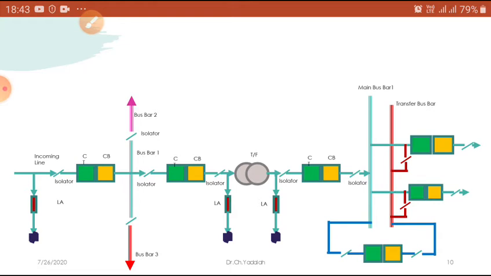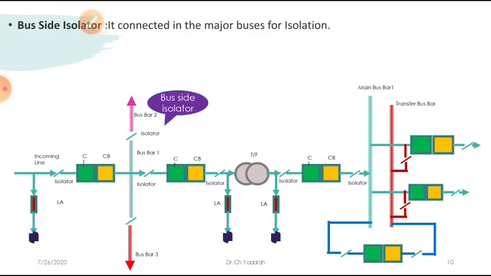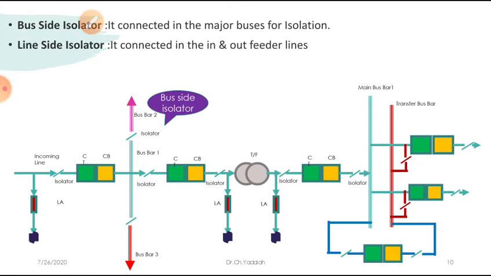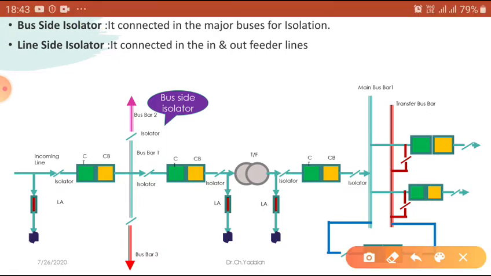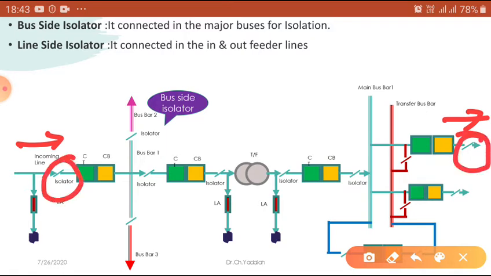Now, coming to the another one. What is that one? Line side isolator. That may be on the incoming line. Whatever incoming line is coming here, and whatever line is going out here, I use one isolator. Here also I can use an isolator.